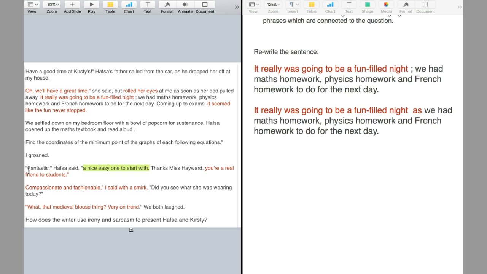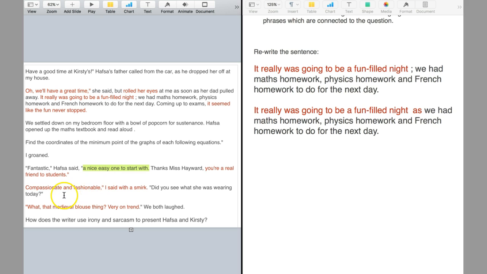They do not like the homework, and whatever way they speak, it's mostly sarcastic and gives the opposite. They give the positive "fantastic", the positive "nice easy one", but it definitely gives a negative effect, a negative meaning.